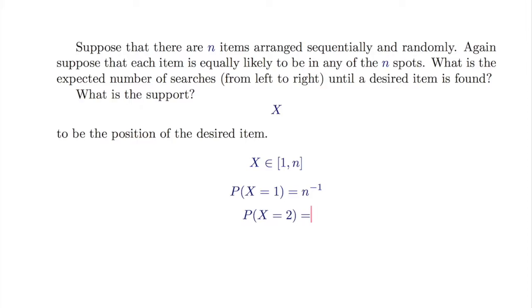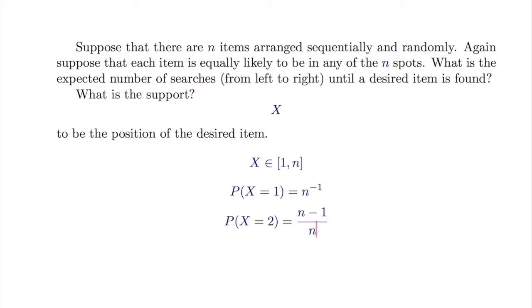Now, what about the probability that x is equal to 2? How can x equal 2? Well, some other item, one of the n minus 1 items, has to be chosen first. Actually, let me start using fractions here because this is going to get messy without them. So we had to choose one of our n minus 1 items out of our n items.